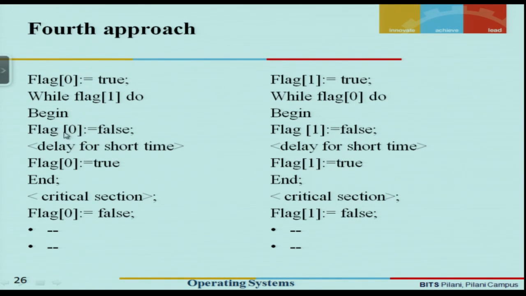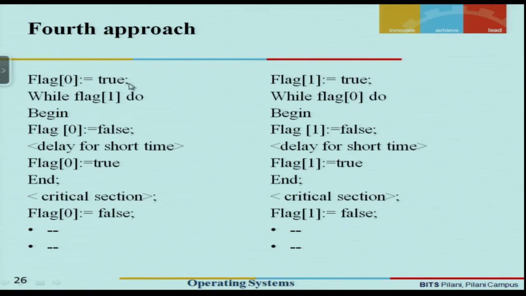This particular process 0 will go and mark its own flag equals to false, wait for a random amount of time, and then mark its own flag equals to true. The assumption here is that when it marks its own flag equals to false, then during that period of time, if the other process is trying to complete its execution, it will complete, or if the other process is trying to execute, it will execute. So there is a backing off mechanism.